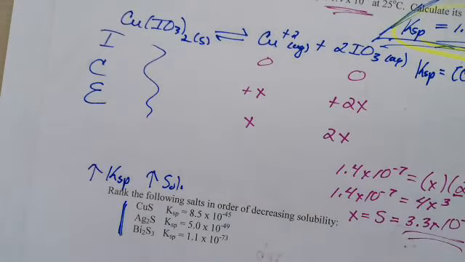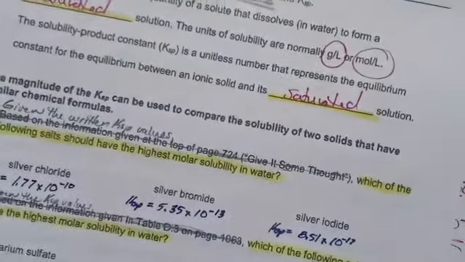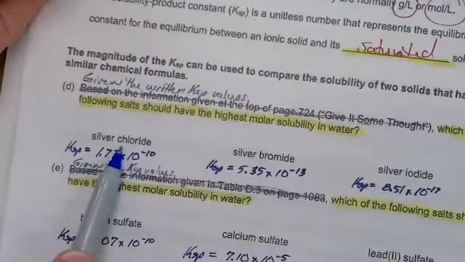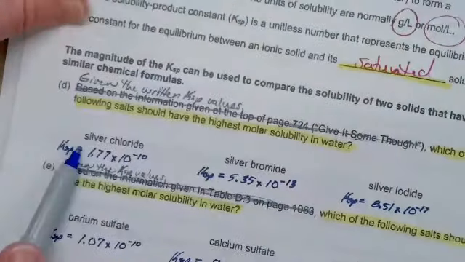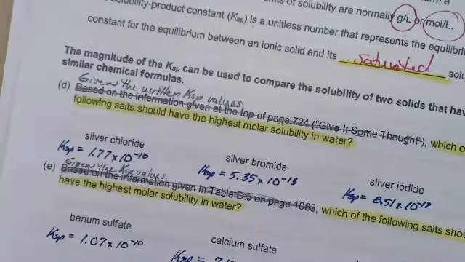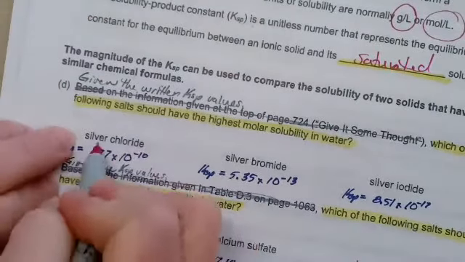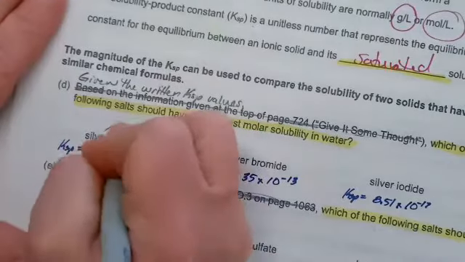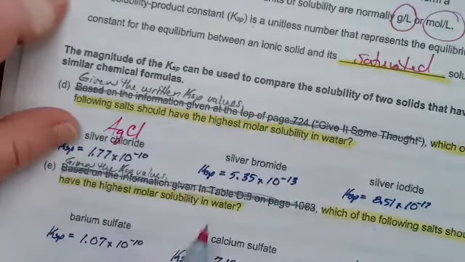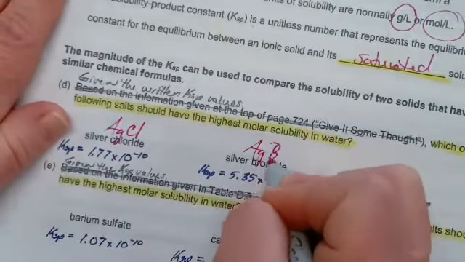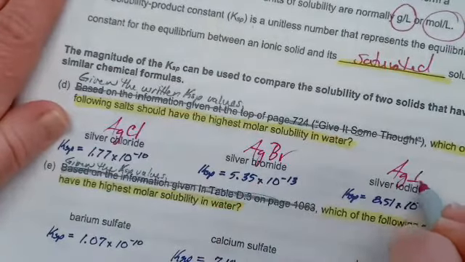But if they did have the same number of ions, so if we go back to the packet with the highlighted areas, on page 1, part D, silver chloride, AgCl, silver bromide, and silver iodide.